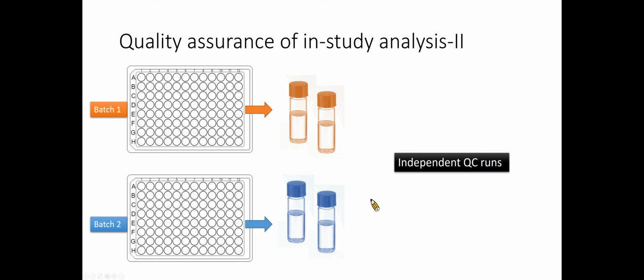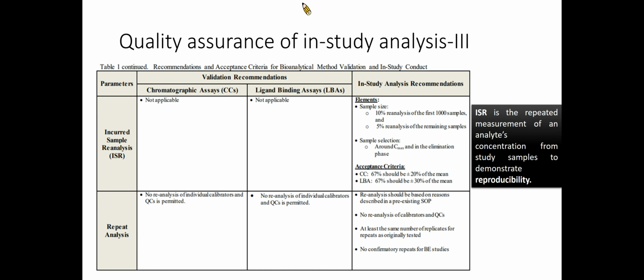For example, this applies when the number of samples exceeds the capacity of a 96-well plate, or when the solid phase extraction manifold cannot accommodate all samples. If there are dilution steps, study sample dilutions should use the same matrix.